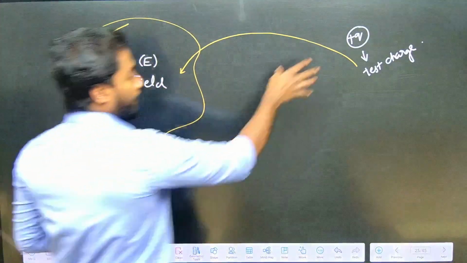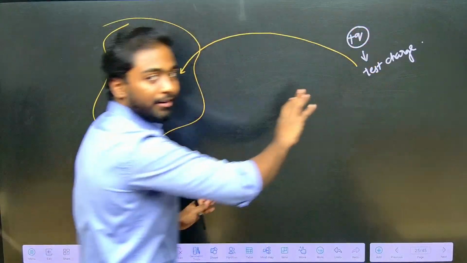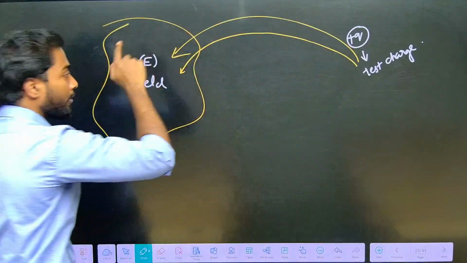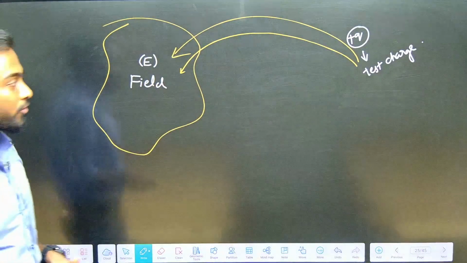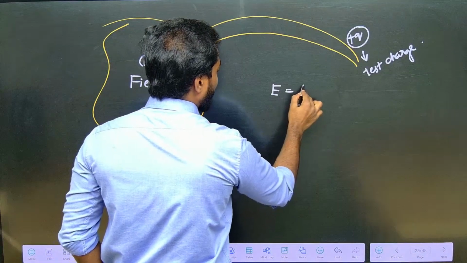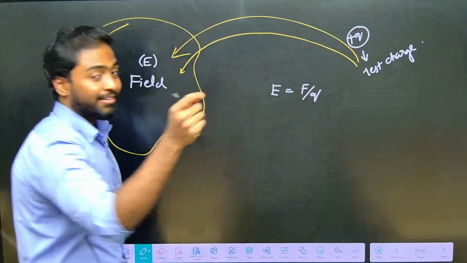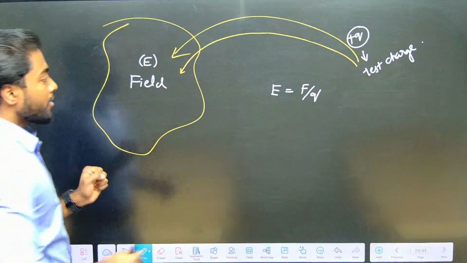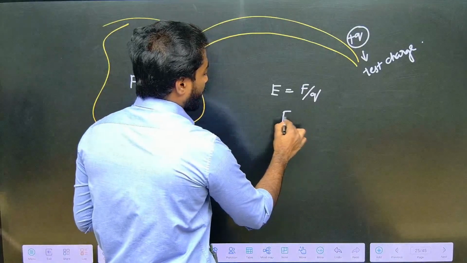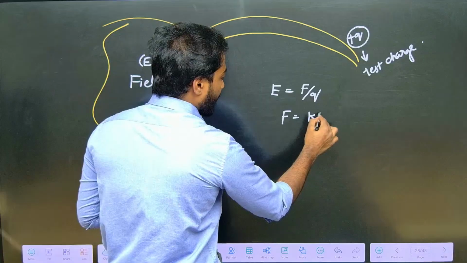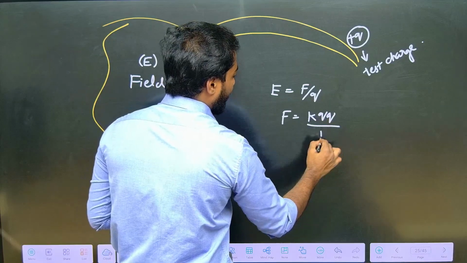So if I keep a charge somewhere, it doesn't experience any force, but if I take this charge into the field, it experiences a force. So I can say that E is equal to F by Q. I am placing a test charge in the field and it experiences a force. What is the value of F we have talked about? F is nothing but K Q by R square.